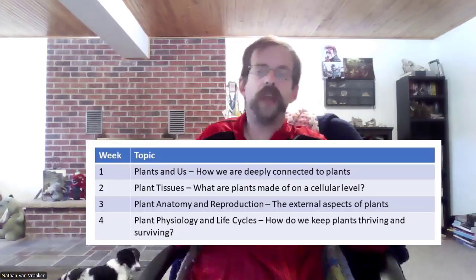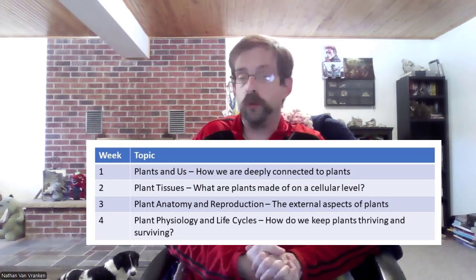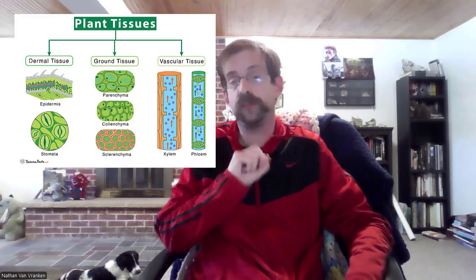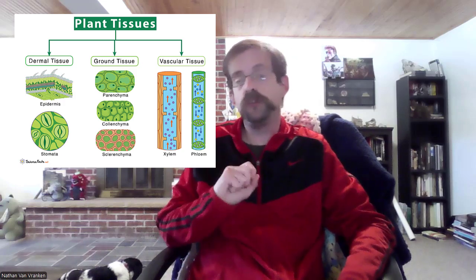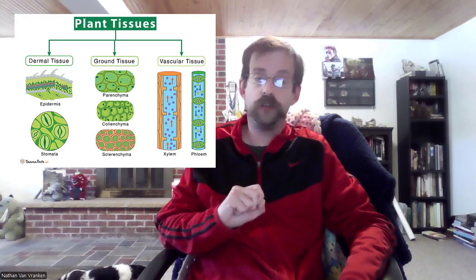Because I feel like that will be a great way to start scaffolding and building upon the complexities of our botanical world. But first, I want to introduce you to some of the major tissue systems or types that we will experience in our work for the week. There's dermal tissue, vascular tissue, and ground tissue.